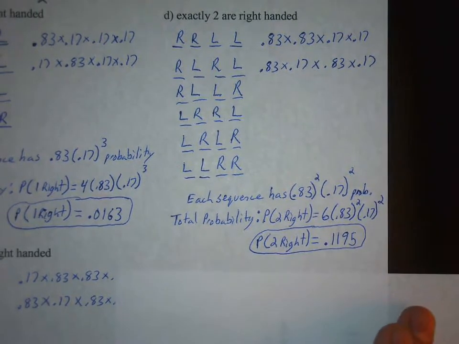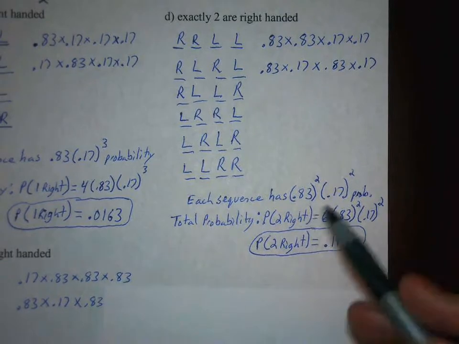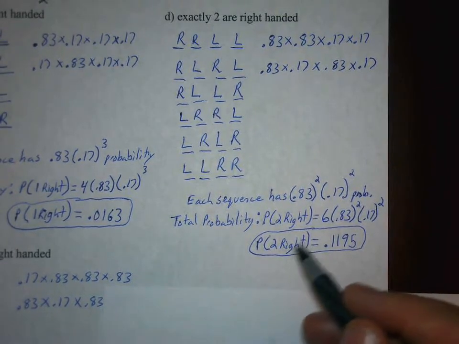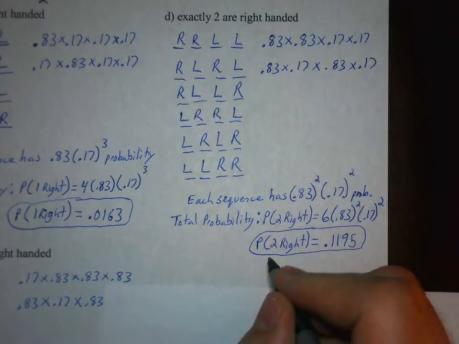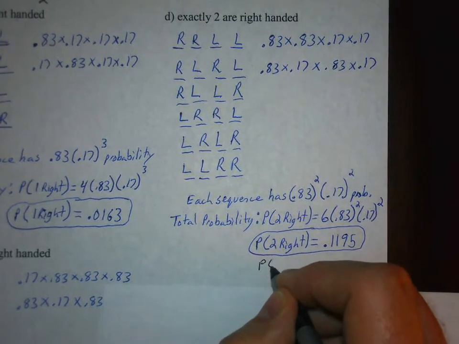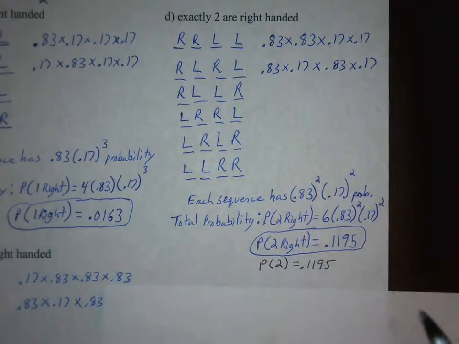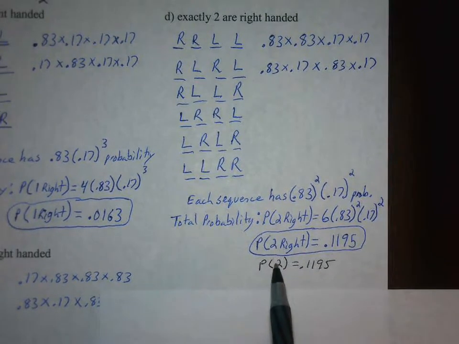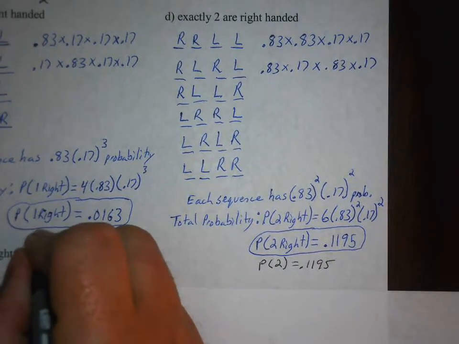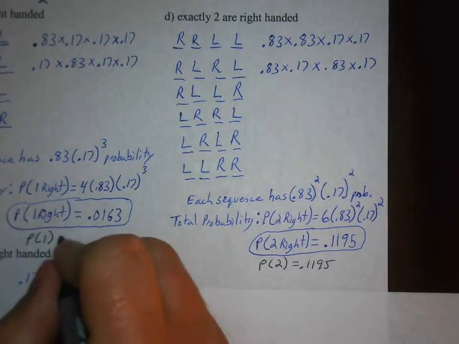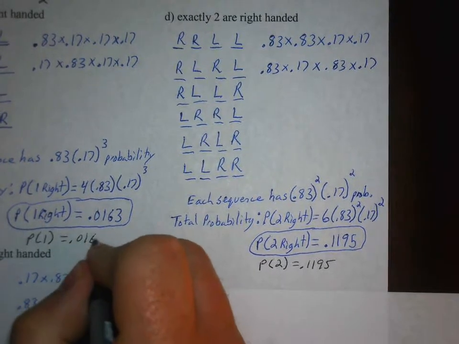And I just want to point out that sometimes you'll see this once you define the success to be a right-handed person. You might see it written like this: probability of 2 equals 0.1195. And it's implied there that it's 2 successes, which we already defined to be choosing right-handed Americans. For 1 right, you would say P of 1 equals 0.0163.